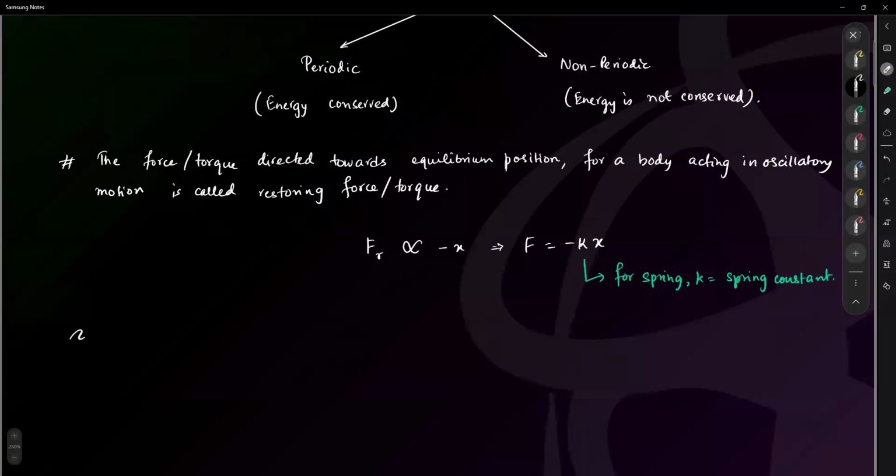Now, third point is what are damped oscillations?